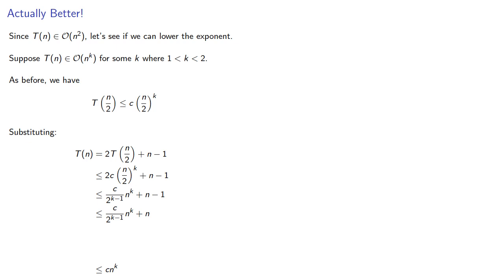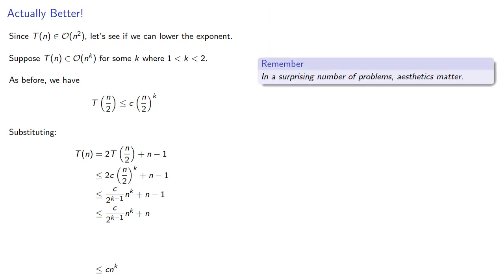At this point, we'll introduce something that's really remarkable. In a surprising number of problems, aesthetics matters. In some sense, our original inequality here is a bit ugly because it has this power k minus 1. So what if we use instead this comparison, where our exponent is much nicer looking?